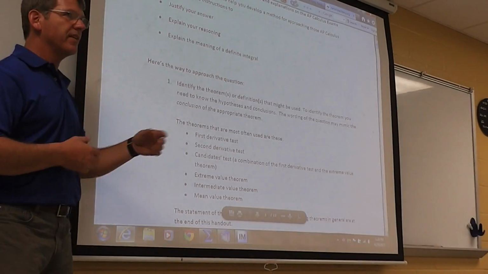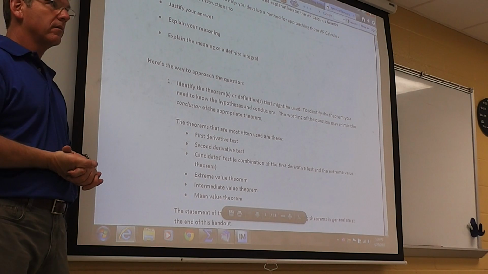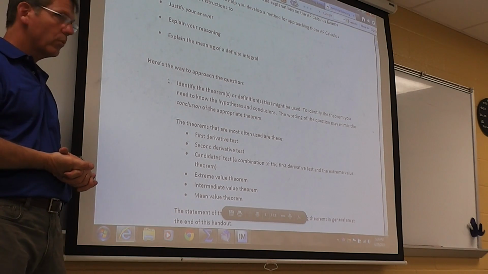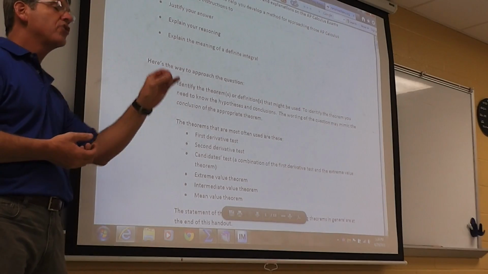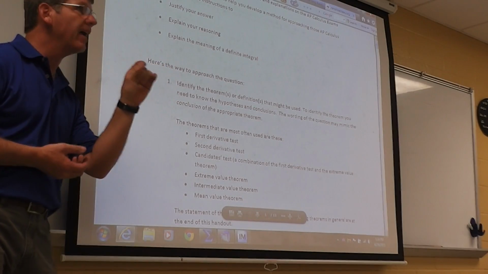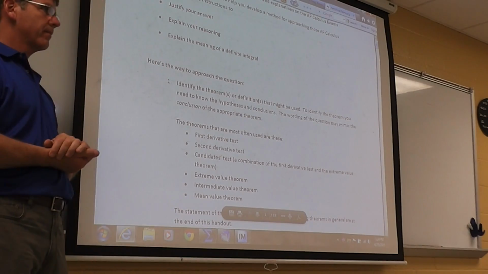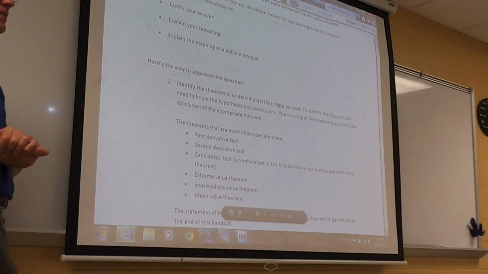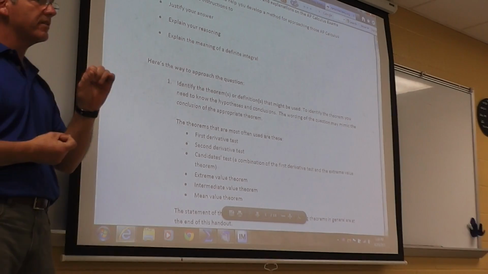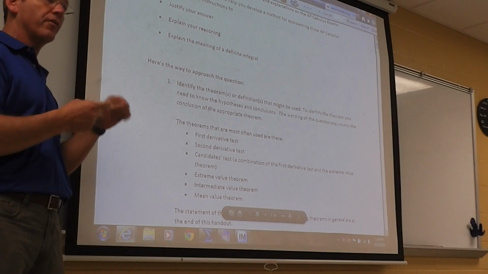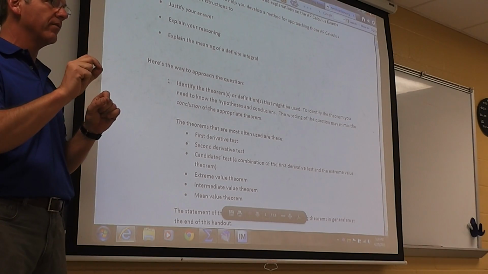What does second derivative test use to show? Concavity. Points of inflection? No. Not concavity, not points of inflection. It uses concavity to guarantee the existence of a what? Of an extrema. Yes. Second derivative test guarantees the existence of a max or min because second derivative test takes the critical numbers from the first derivative and you test them in the second derivative.